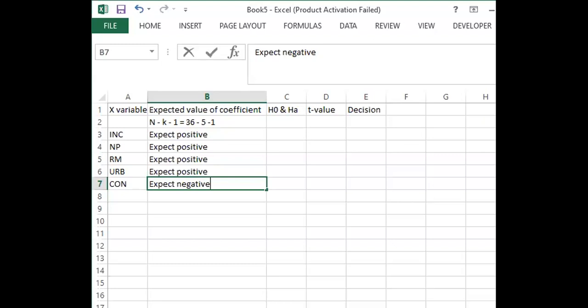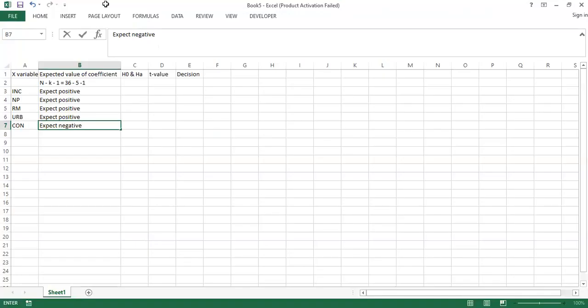In terms of the null hypothesis, you are basically looking for what is not expected. So in other words, you are moving in the direction opposite to the one that represents your expectations.